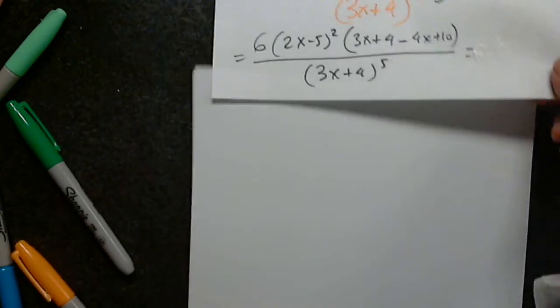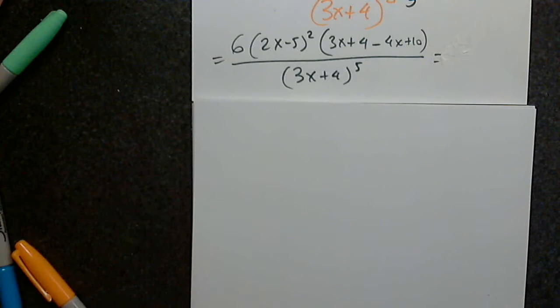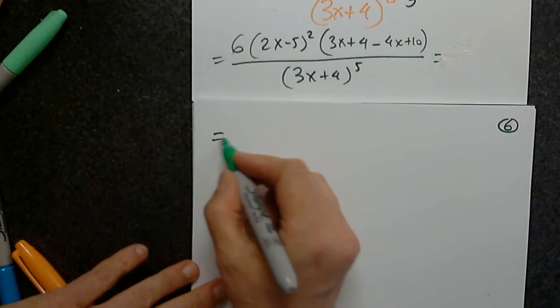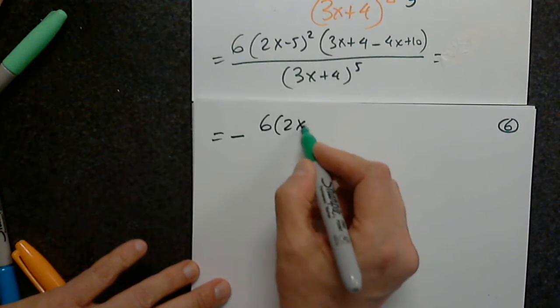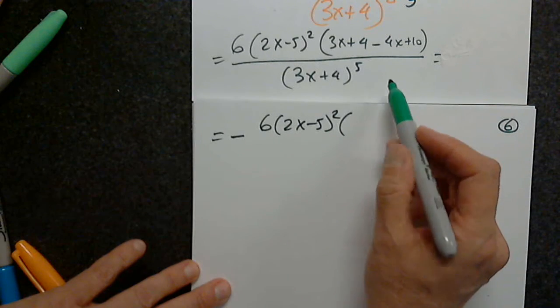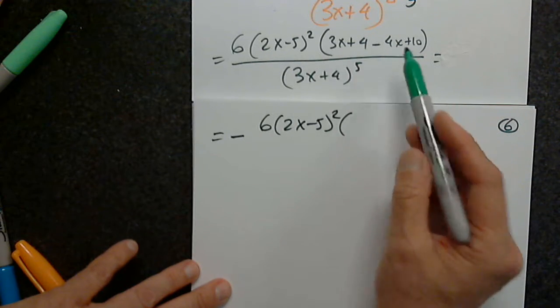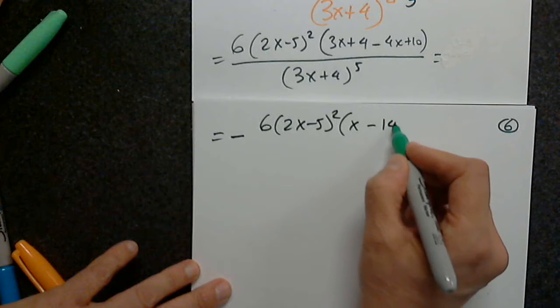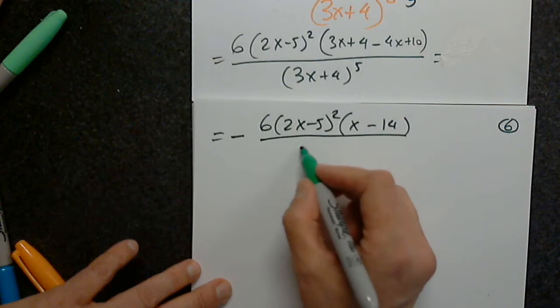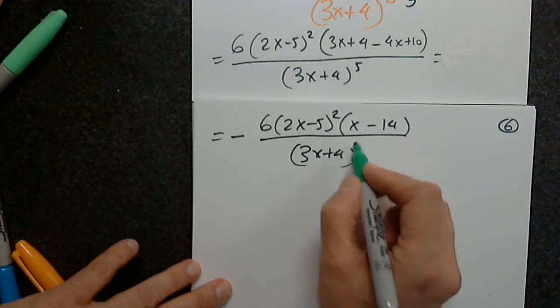I got to get myself into trouble. Okay, so final simplified form, negative 6 (2x minus 5) squared, and this was negative x plus 14, so x minus 14, over (3x plus 4) to the 5th power.